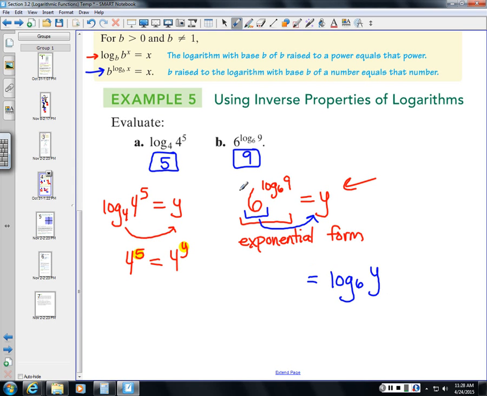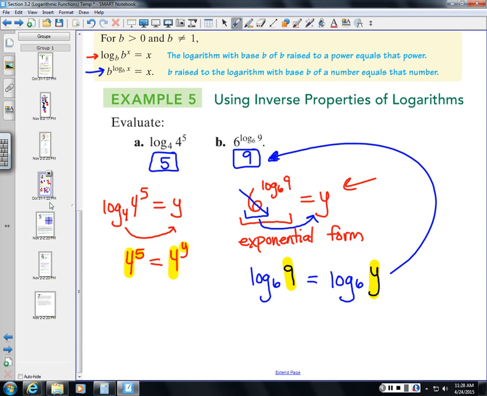If the base is gone, all you have left over here is log base 6 of 9, and you should be able to see now at this point, doing our conversions, that y, if those are going to be equal, they both have log base 6, they have the same bases, just like we have with exponential form. As long as the bases are the same, then everything else has to be the same. So log base 6, so you can see there why we get an answer of 9.